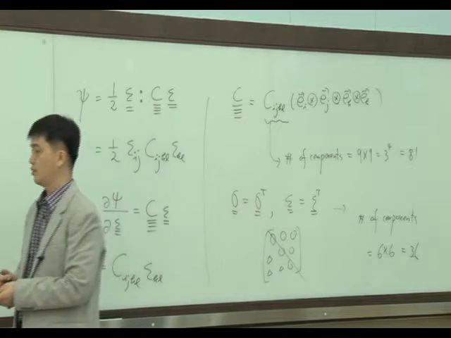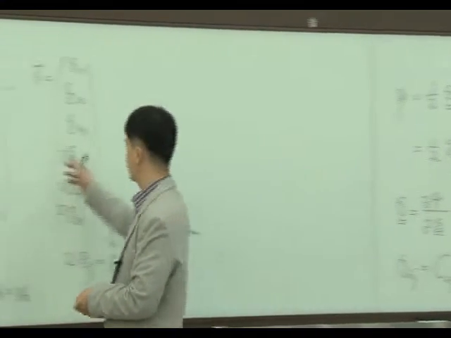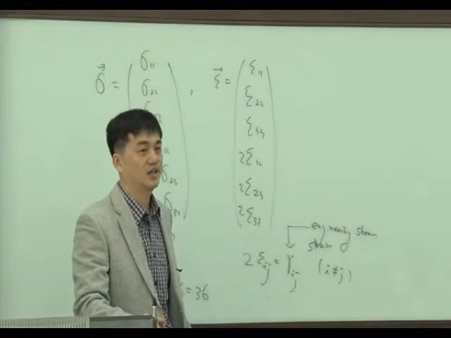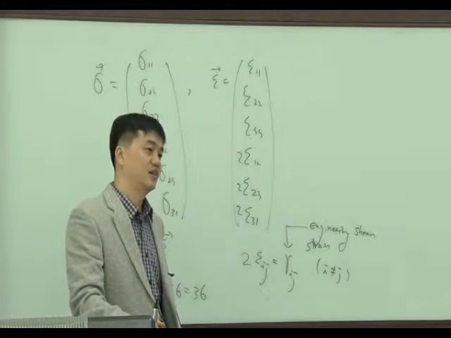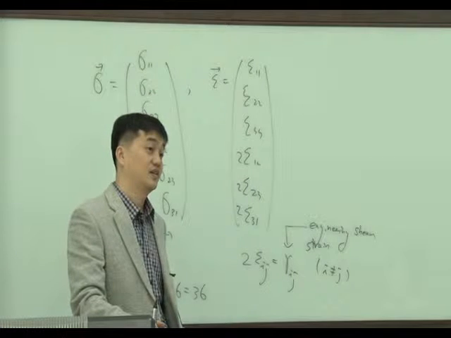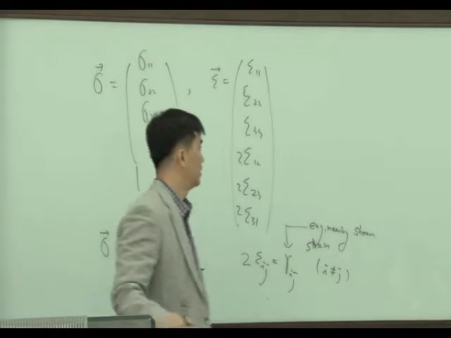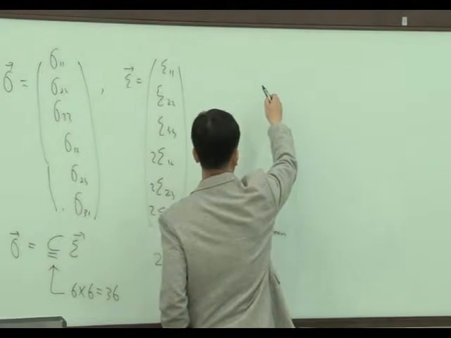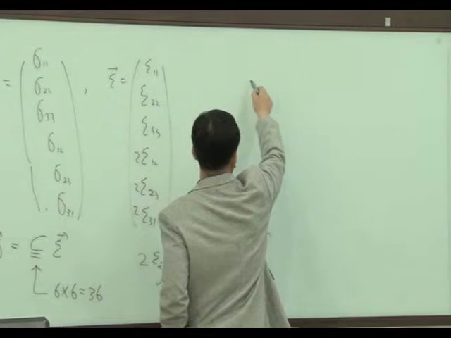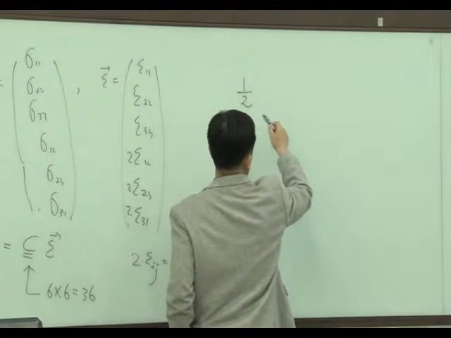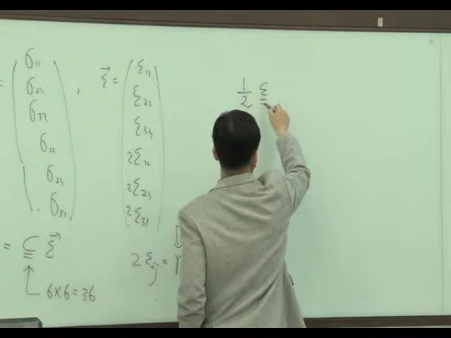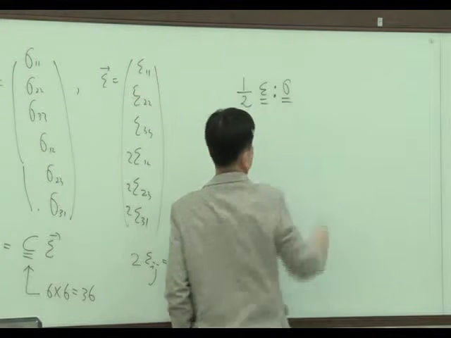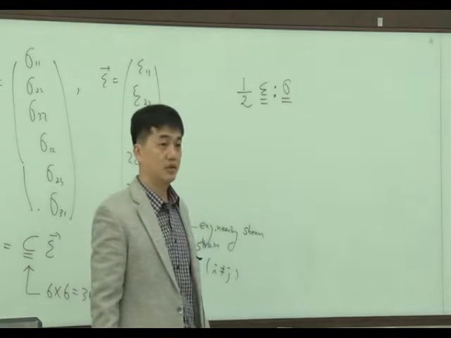Okay. Why do we need to multiply 2 here? Why? Because of energy. If we take 1 over 2 times strain and stress, this gives us energy, right?